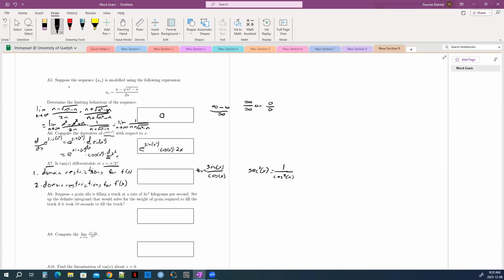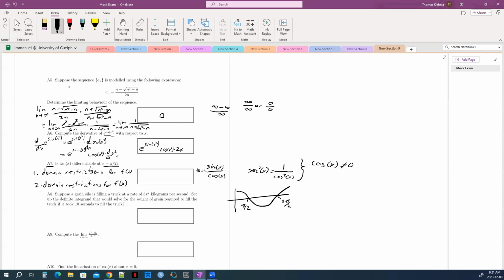So for our domain restrictions, cos of x cannot equal 0. Well, when does cos of x equal 0? I do a quick little cheeky draw of cos of x. It's at pi by 2 and 3 pi by 2.